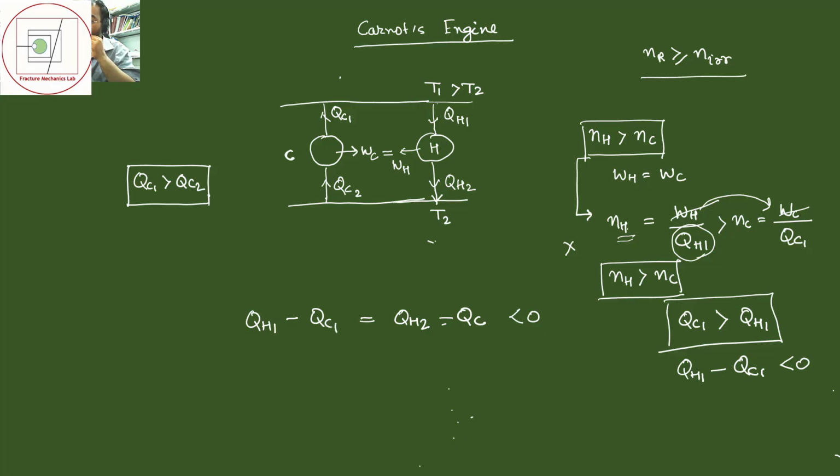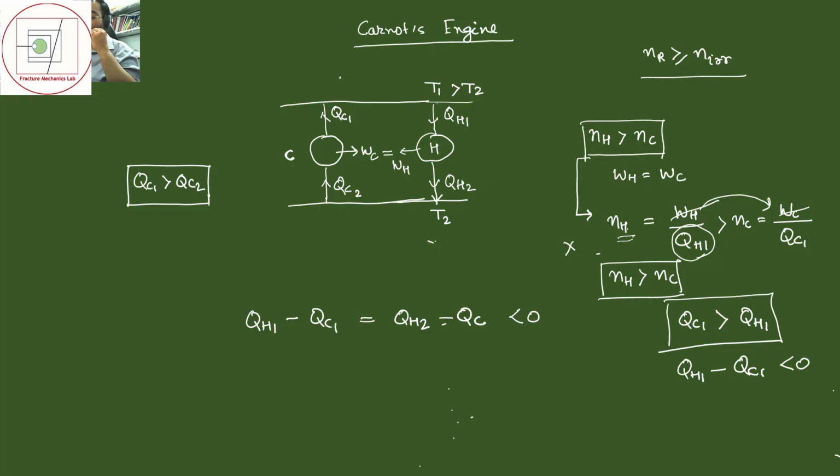We are coming to the conclusion that the amount of heat which you take from the hot reservoir, QH1, you're taking heat from the hot reservoir, which is QH1 minus QC1, is less than 0. That means you are actually giving heat to the hot reservoir, right? Isn't it? That's less than 0. So you're giving heat to the hot reservoir.